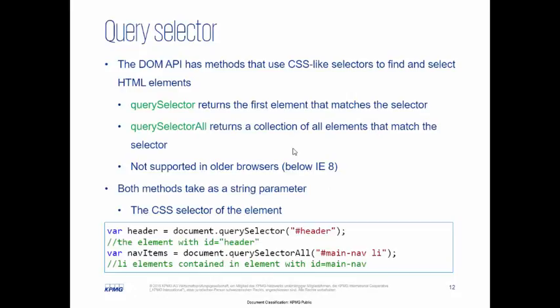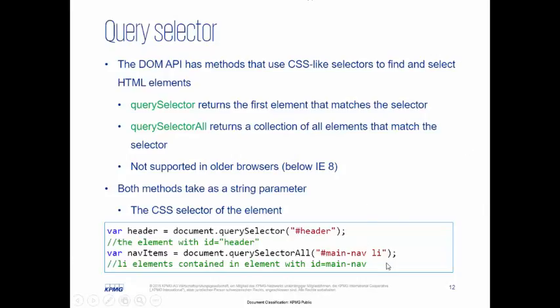Now, the query selector and the query selector all. These are two powerful selectors that are used, like I mentioned, in other implementations. Of course, not supported by anything below Internet Explorer 8, but it gives you a powerful selection of elements by complete hierarchy. For example, by ID, just put a hashtag.